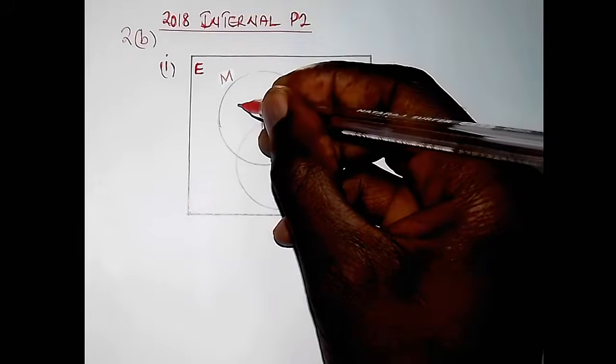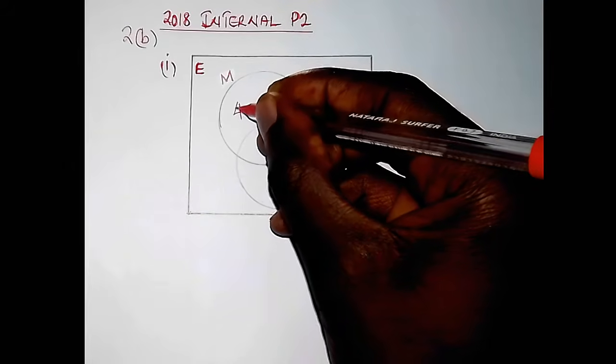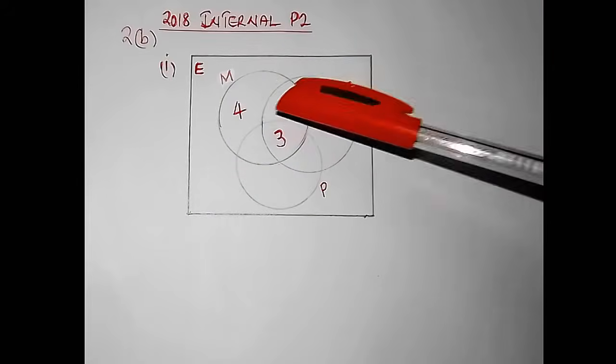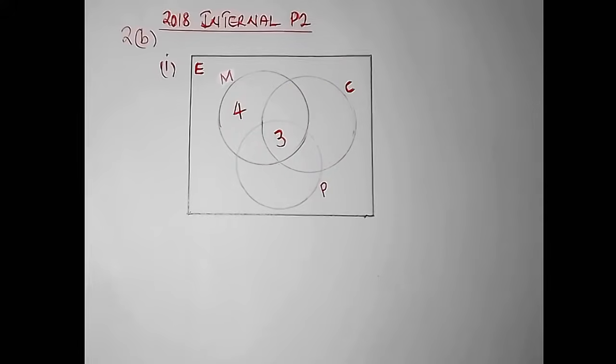So here we're going to show 4 students who study mathematics only. Why are we putting 4 only in this section? This is because 4 students study mathematics only. They are not involved in any other subject, so they study math only.